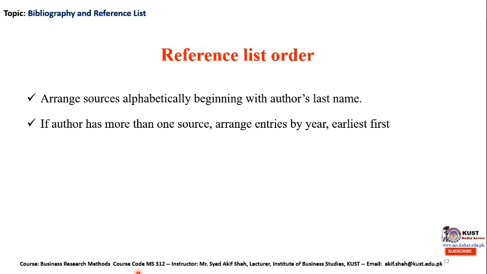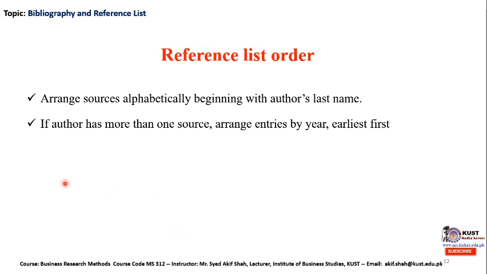If the author has more than one source, arrange entries year-wise. Let's say a particular author has written a research paper as well as a book, and in your literature review you have referred not only to his research paper but also to his book. In that case, which reference comes first, the research article or the book by the same author?